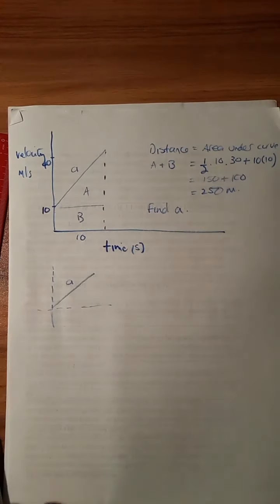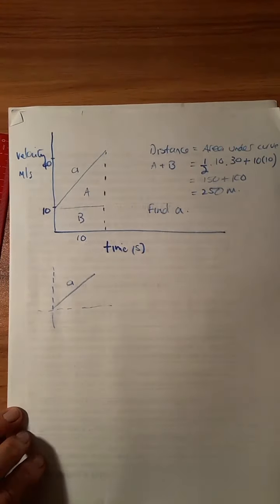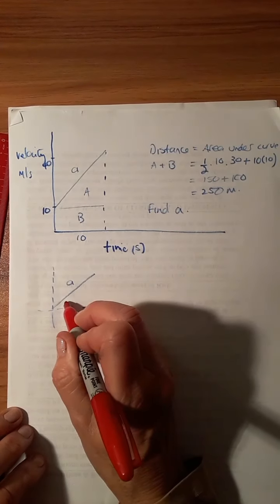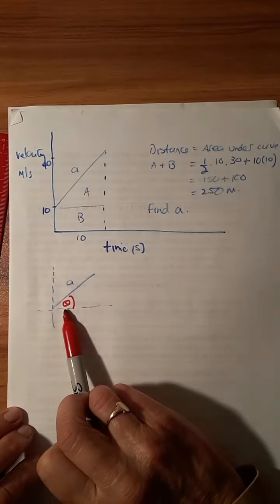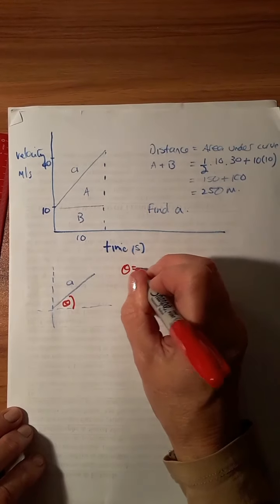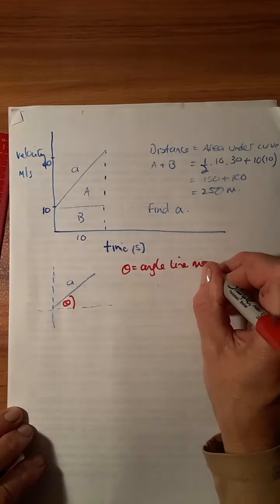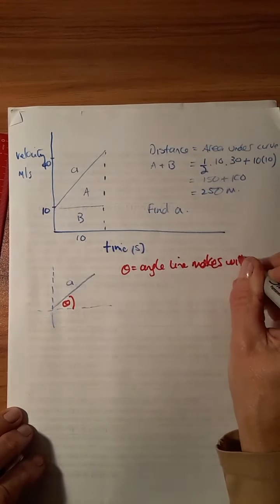Now, a line will make a certain angle with the x-axis. So this angle here, I'm going to call it theta. That is the angle that line makes with the x-axis. So theta is the angle the line makes with the x-axis.